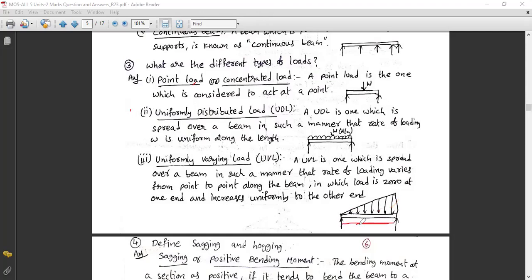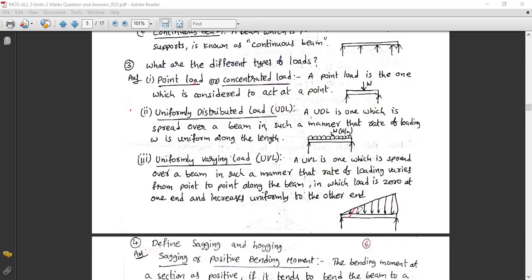This is also a simply supported beam. We can say an SSB only. This is a simply supported beam here and here. In all the cases 1, 2, 3, 4, you can see they are all simply supported only, but the loads are varying here. The UVL is a load spread over the beam in such a manner that the rate of loading varies from point to point along the beam.